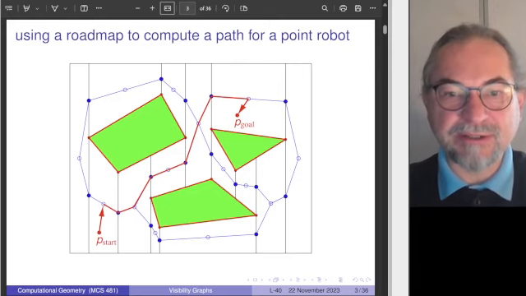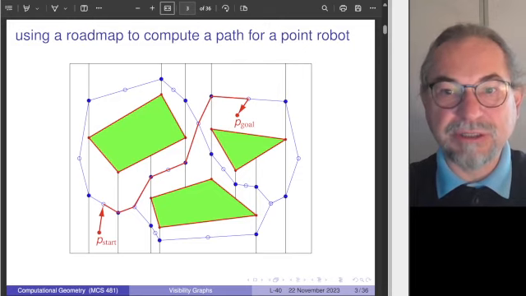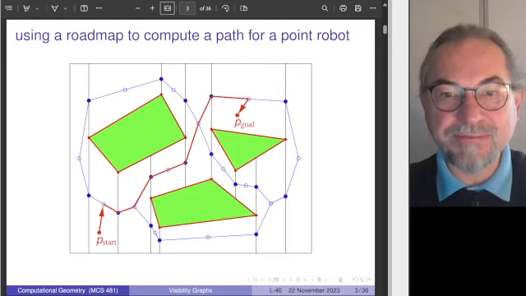You go to the center, and then you navigate towards the goal doing a breadth first search or a depth first search of graph algorithms. So here is a concrete example.